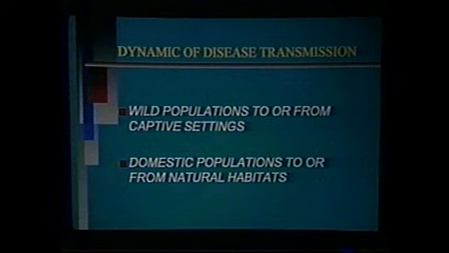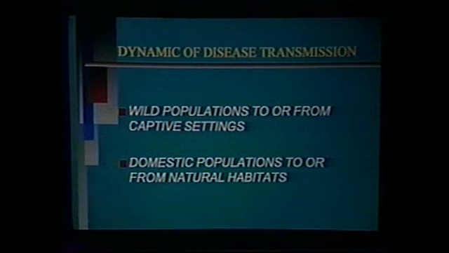For example, a good example would be rabies, which is a disease that often occurs in wild populations, has a very wide host range, and can enter captive settings, and I'll show examples of this.